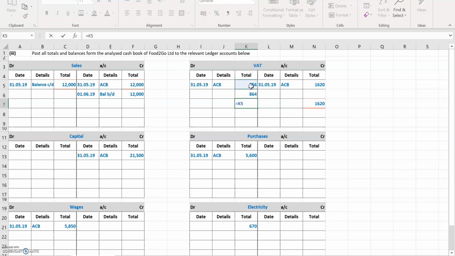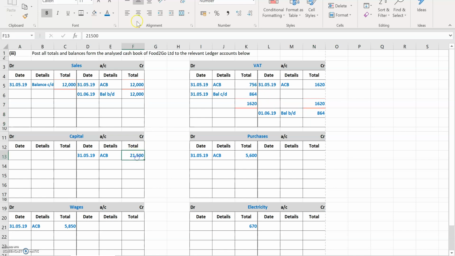If we add those two together, we should get 1,620, and we do. That's the balance figure. It's going to be carried down at the end of the month, and brought down to the next one. So the 1st of the 6th, 19, balance brought down, and it's going to be 864.